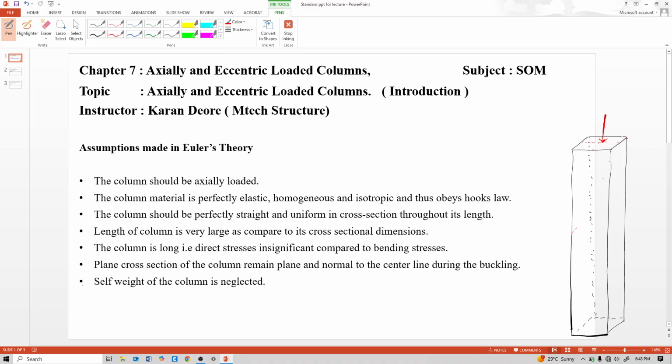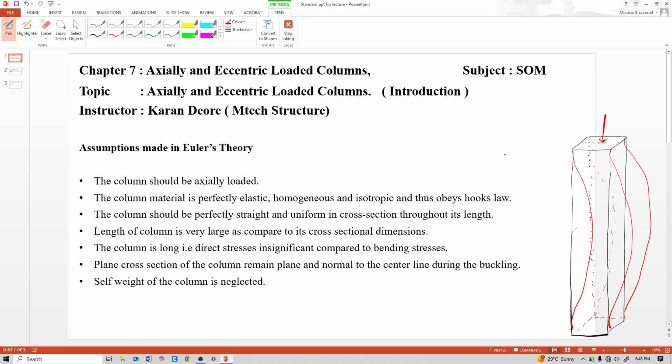See, this column buckles like this. Like this, it is buckled.